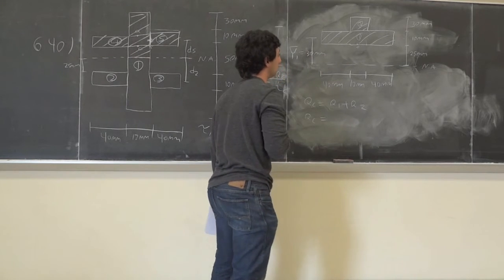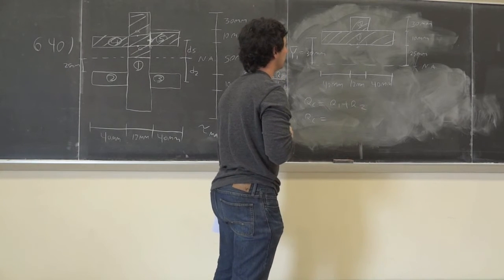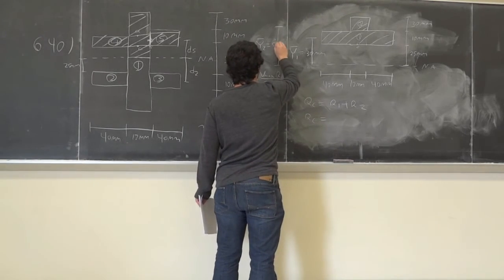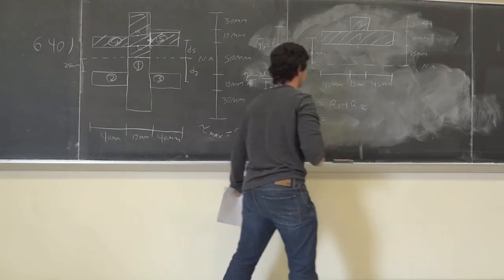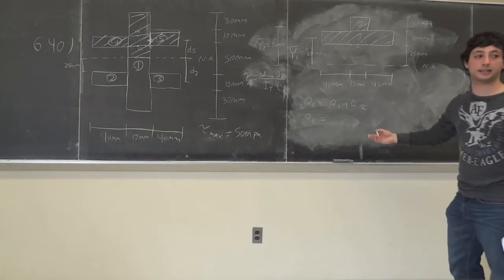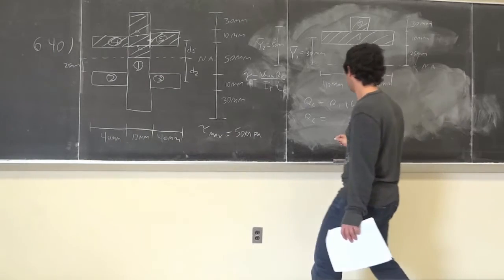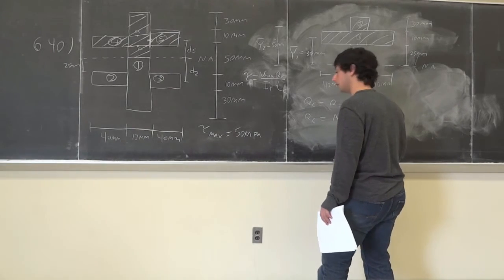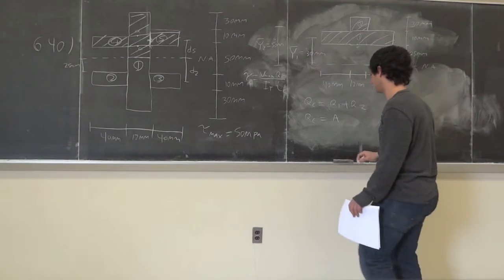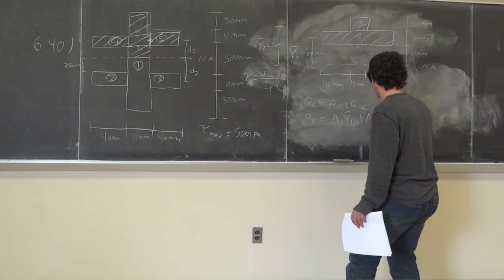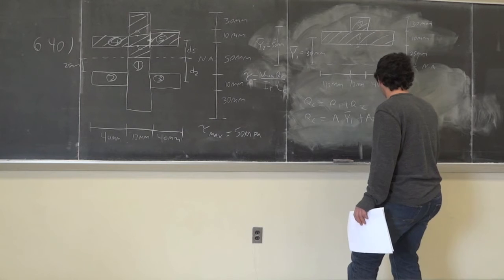What's y bar 2? 50, yeah, you're right, 50 millimeters. That's good. You guys are understanding this, because a lot of people just don't even know what's going on. So this is A1 y bar 1 plus A2 y bar 2.